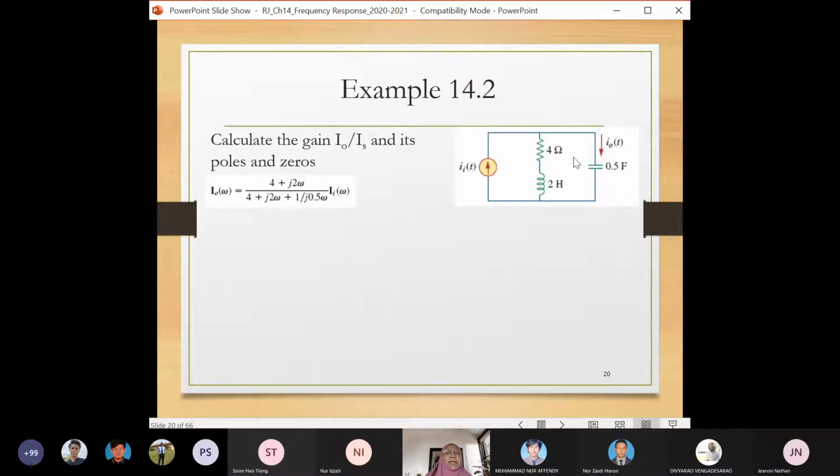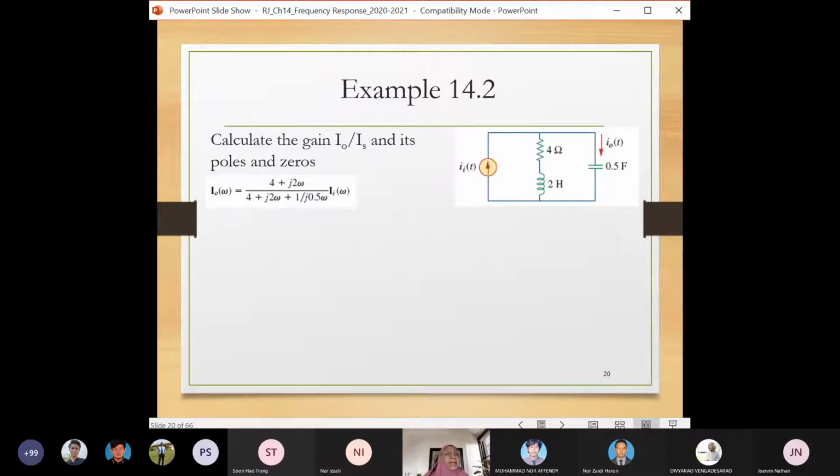Because this is the current branches: the current passing through here is only 4 plus j2 omega, but the current that passes through the input is the combination of the current through the middle branch and this branch. So you will have this current divided by this branch plus the other branch.